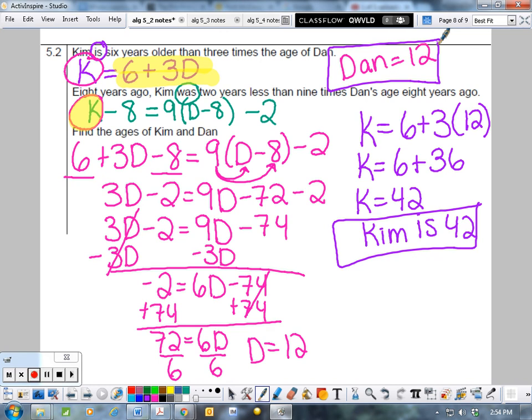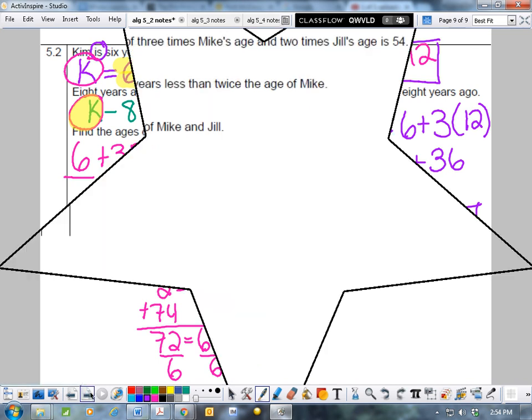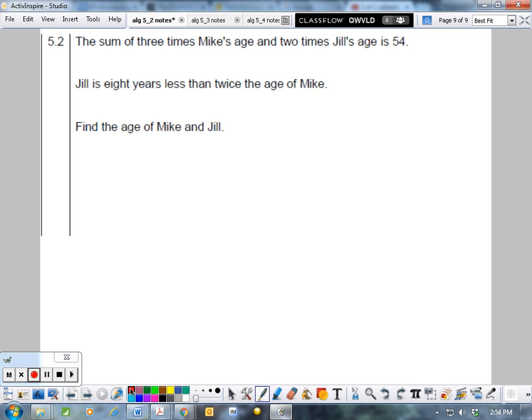Okay, so let's try another one of those. A little different. The sum of 3 times Mike's age and 2 times Jill's age is 54. Sum means I'm going to add up. So I'm going to add 3 times Mike's age, and I'm adding 2 times Jill's age.